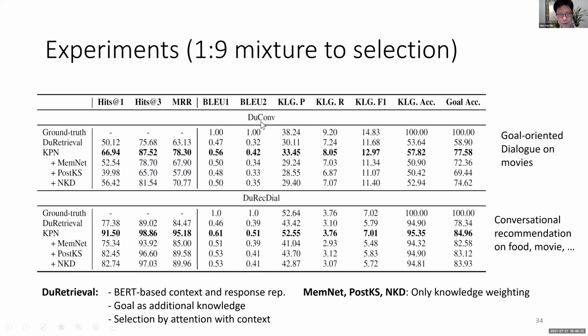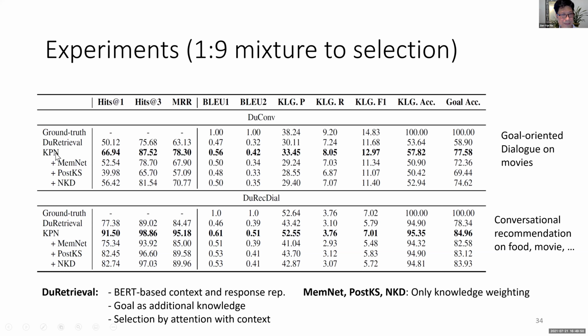The first one is DuConv, and the second one is DuRecDial. That means dialogue-based recommendation. So the goal is to recommend different food, movies, and whatever by using dialogues, and we also want to mention those food or movies in the dialogue. So the agent will be guided by those goals.